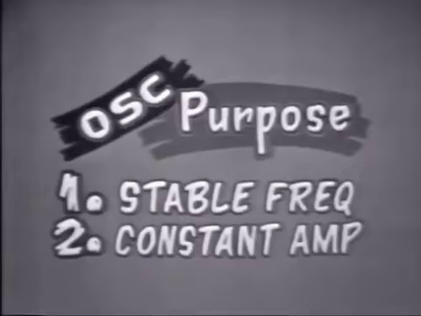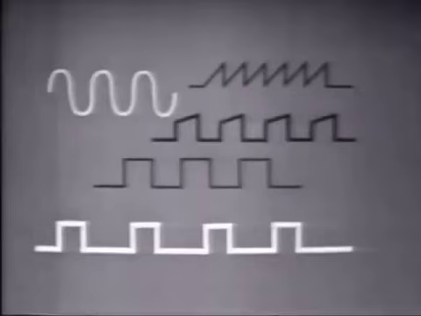First, any oscillator should develop a stable frequency and a signal of constant amplitude. Now, be sure you understand that this statement applies to all oscillators, the LC or any sine wave oscillator, as well as the sawtooth, square, rectangular, or trapezoidal oscillators. All of them should generate constant amplitude and frequency.